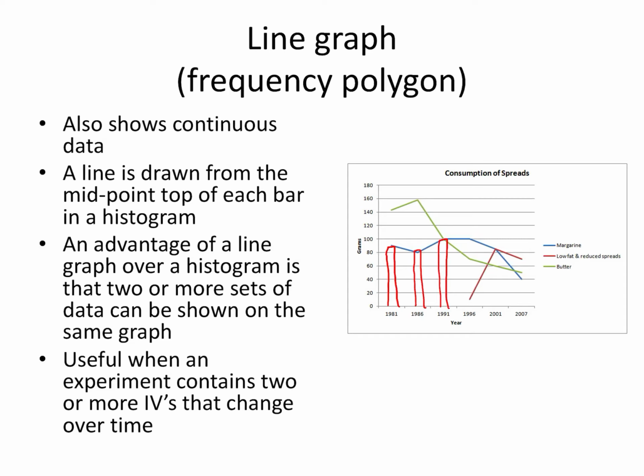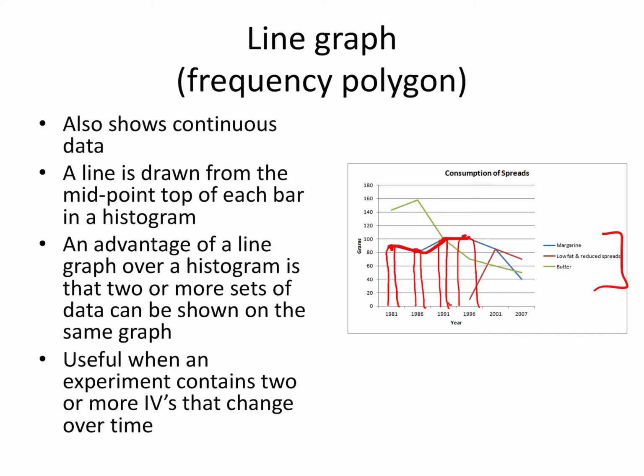So I'm just drawing in those bars here, although those bars should be touching. And we just draw a dot on the top of those bars and then we join them together. Now this is really useful and is often used over a histogram because it allows us to plot various different variables. So if we've got a changing variable over time and we've got multiple independent variables, then a line graph is often more appropriate than a histogram.